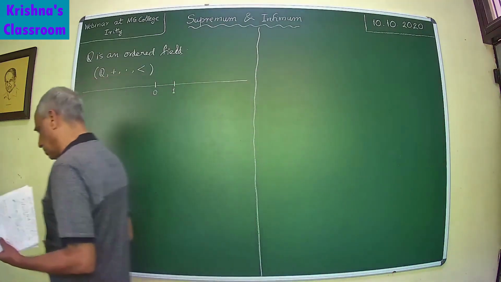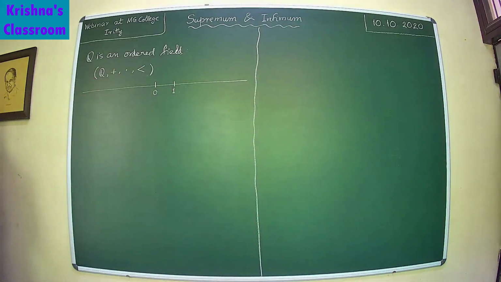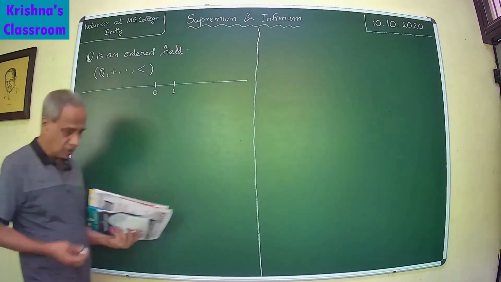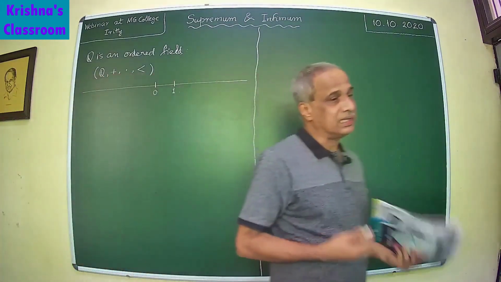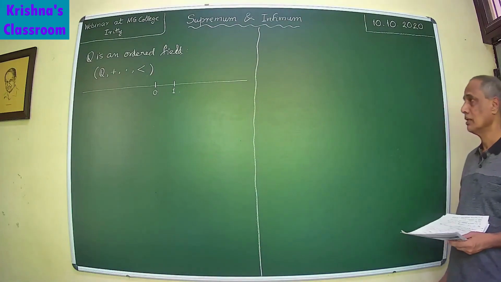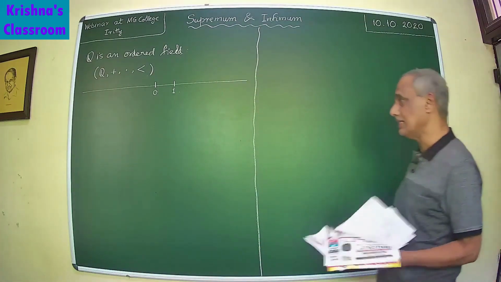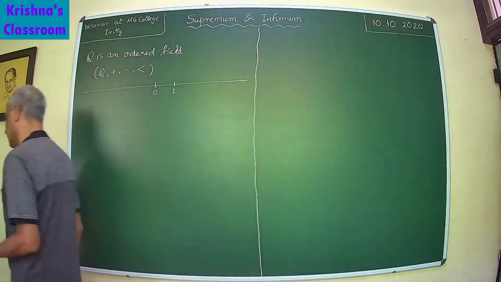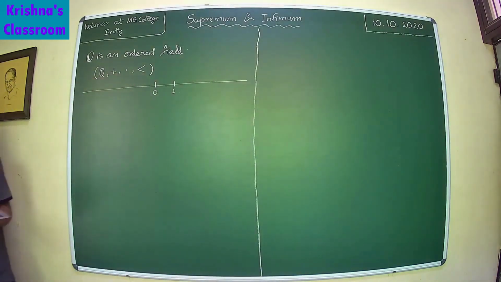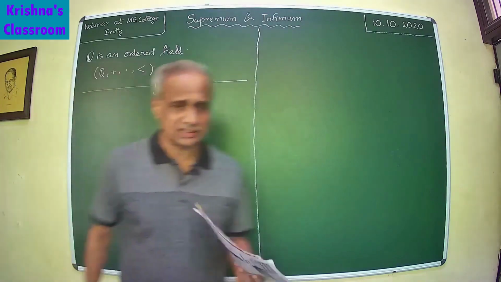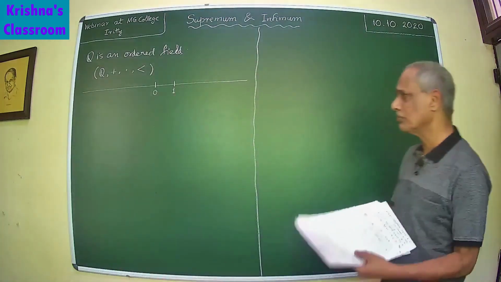But it was soon realized that square root of 2 has no place in Q. In fact, there are more numbers of this kind, namely square root of 3, square root of 5, square root of 7, and so on.